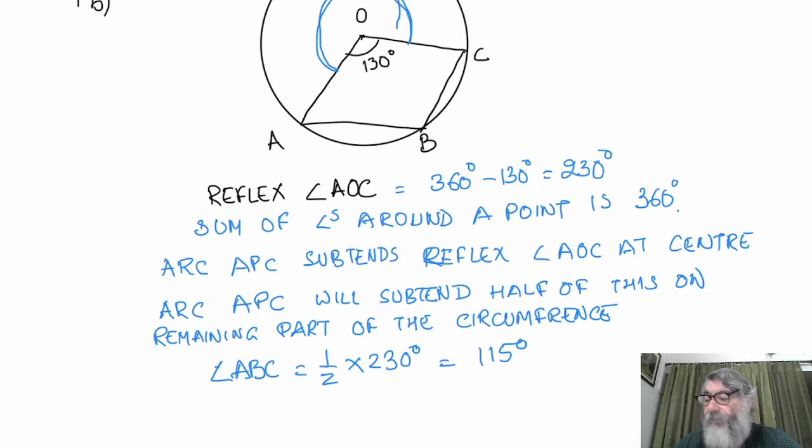So we have used the property that the angle subtended by an arc at the center is double the angle which it subtends at the remaining part of the circumference.